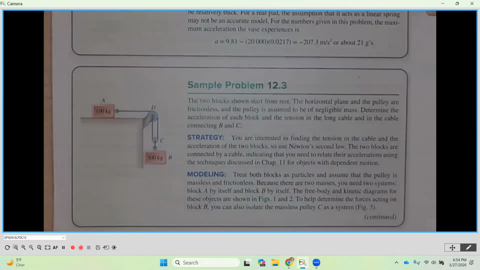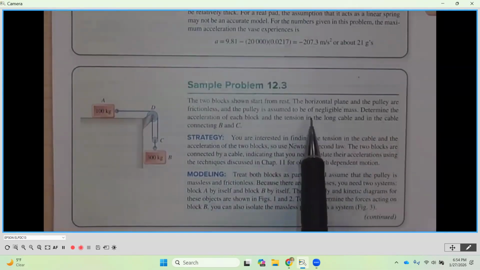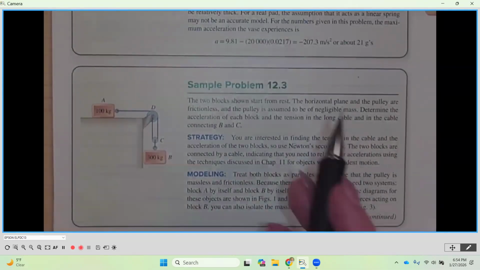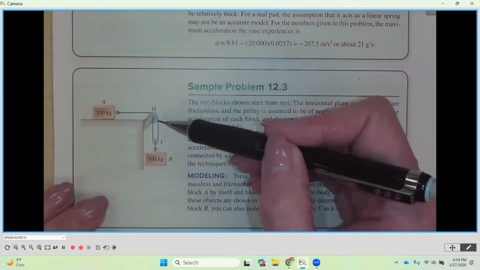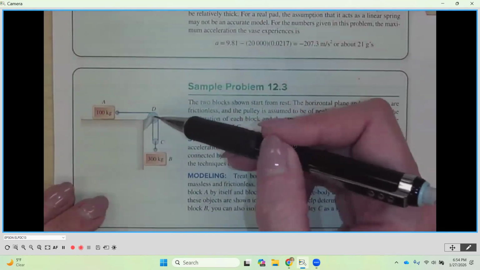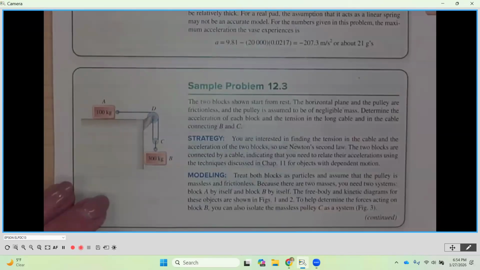So we're going to consider it negligible. The pulley is assumed to also have negligible mass. So the pulley here, which is a movable pulley, would move up and down as this would go back and forth. It is considered negligible mass, so we don't have to worry about its weight or mass.